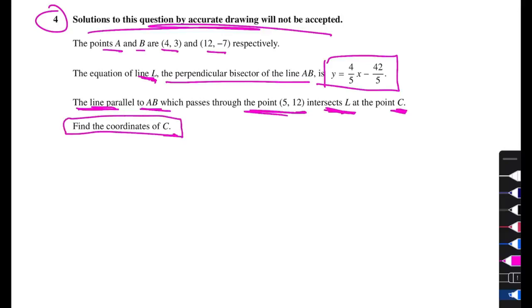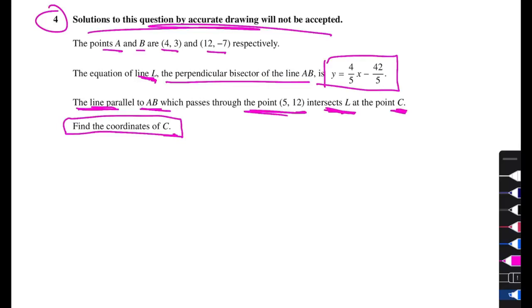What are the key words here? They said that the line parallel to AB, which passes through this point, is intersecting line L. So at the end of the day, we need to find the equation of the line parallel to AB. If there's a line parallel to AB, it means that that line's gradient and the gradient of AB are the same.